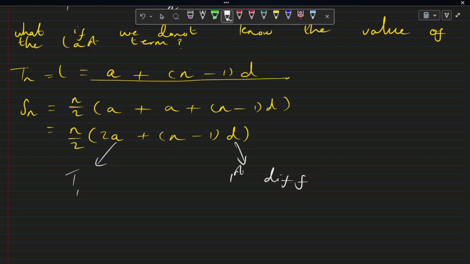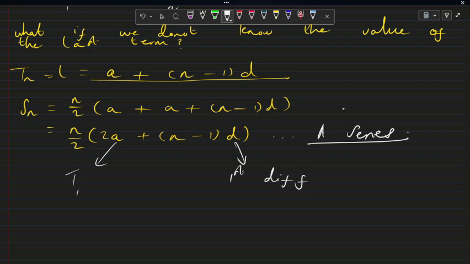And obviously the number of terms that we are adding will be the n. If they want the sum of the first 100 terms, then n is 100. If they want the sum of the first 1,000 terms, then n is 1,000. Okay, so this is the equation that we use when we want to evaluate an arithmetic series.